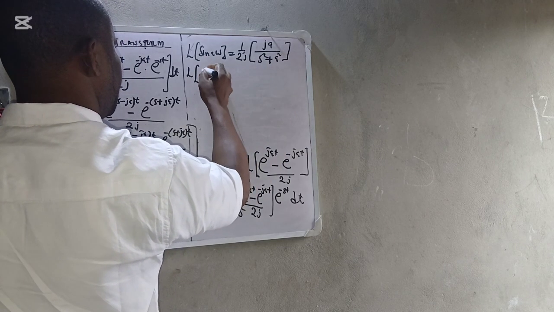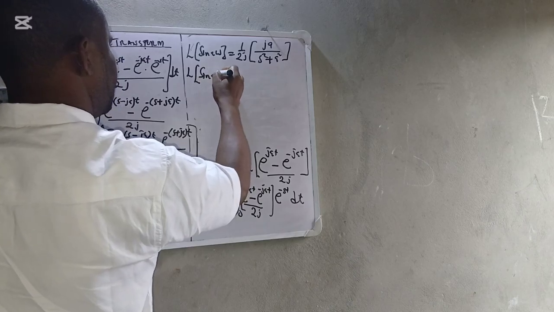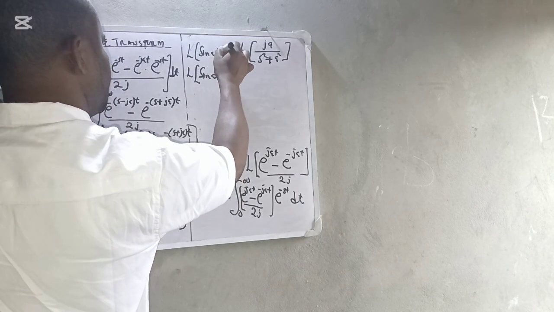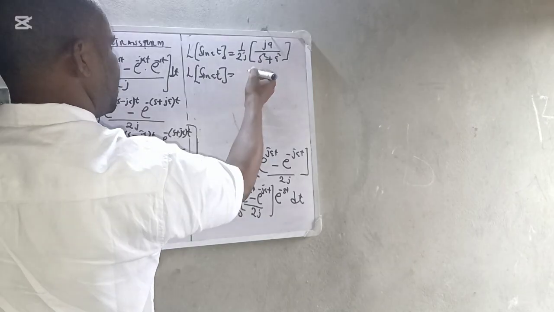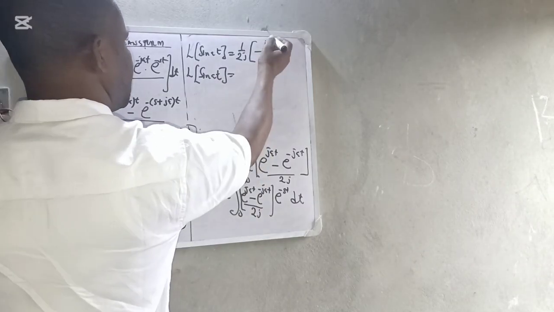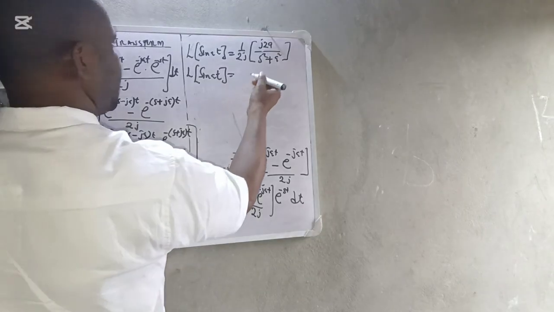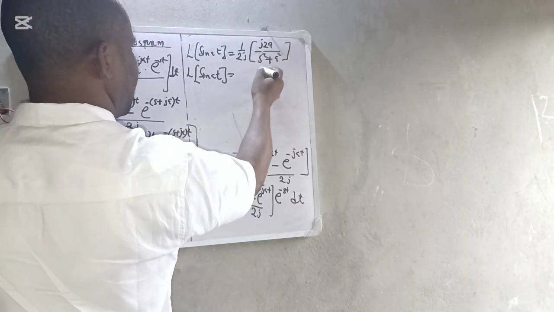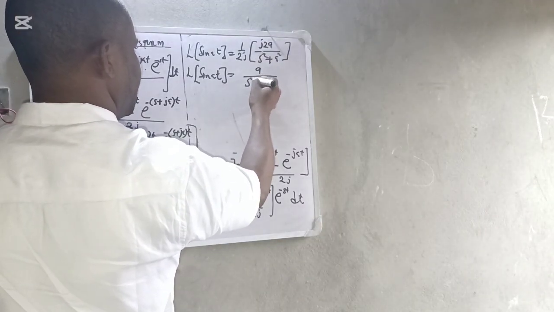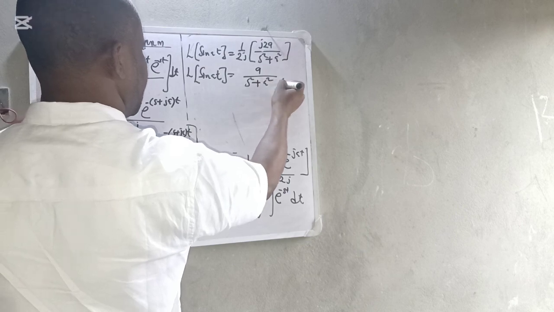So finally, Laplace transform of this is t will give us this is 2j2a will give us this cancel out. We have a divided by this plus this.